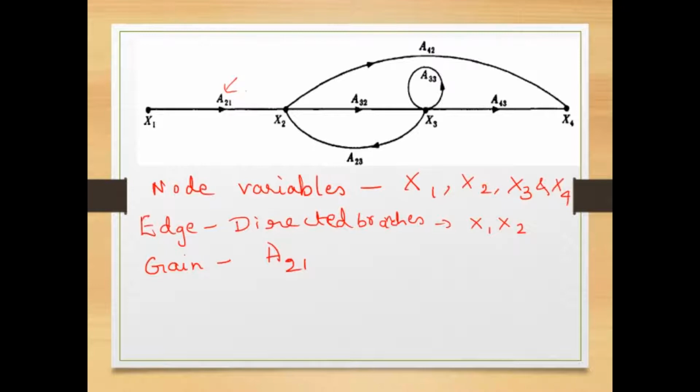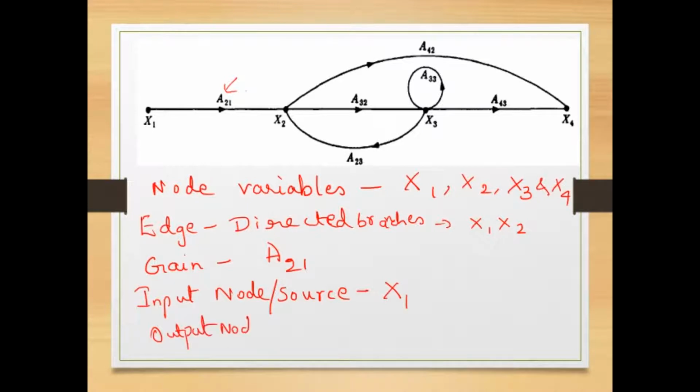Next is the input node or the source. Which is the input node? As we know, it should have only outgoing branches. So which node has only outgoing branches? That is this node, x1. So the input node or source is x1. Whereas which node is the output node?